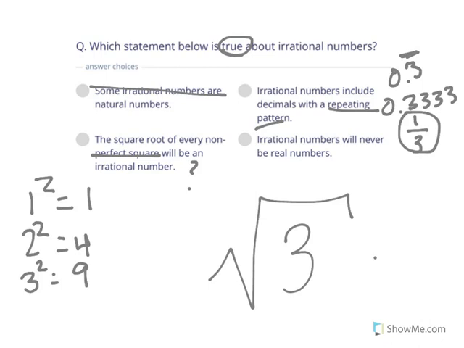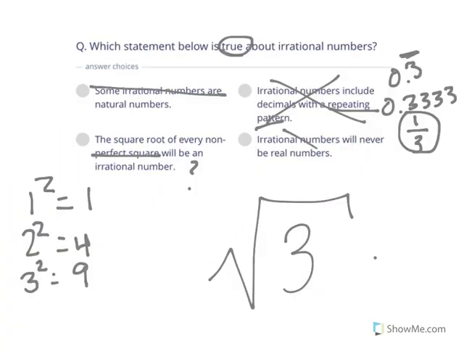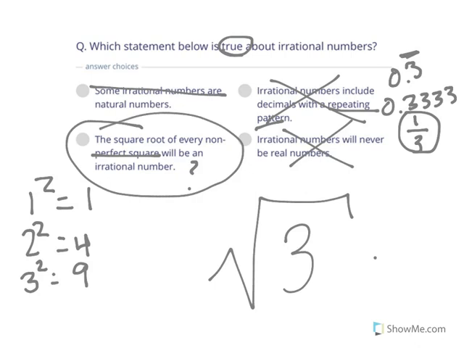So this one is false. Irrational numbers will never be real. Wait a second. I thought 2 questions ago we said irrationals are real. That's false. So this one's the only correct answer.